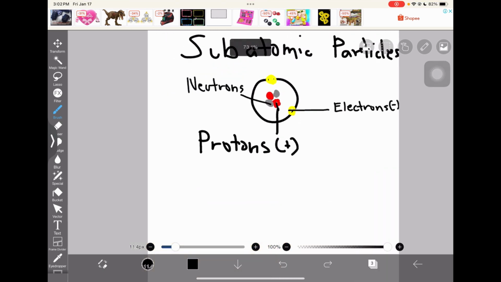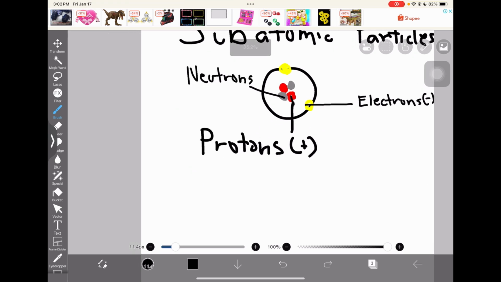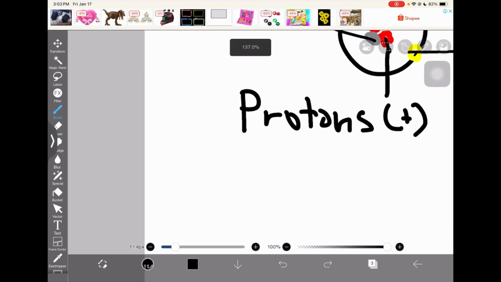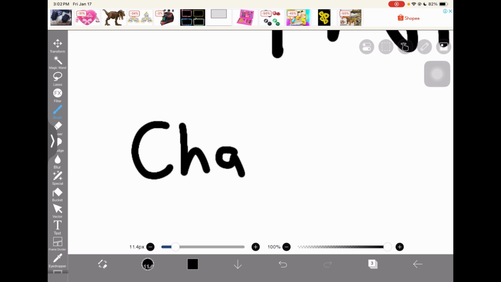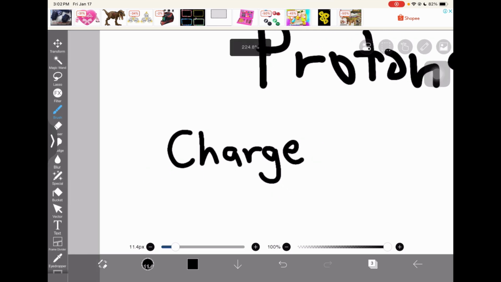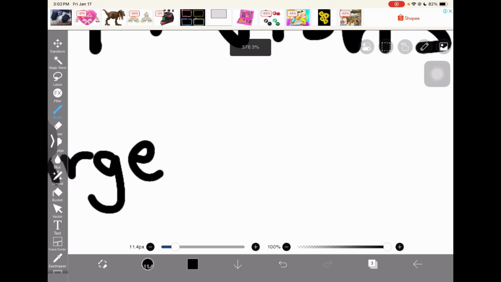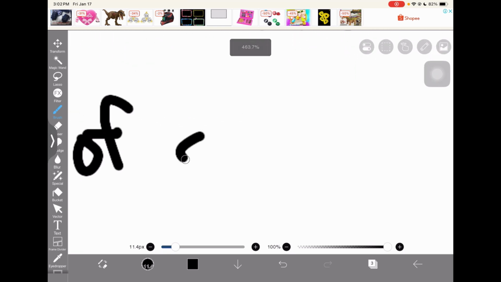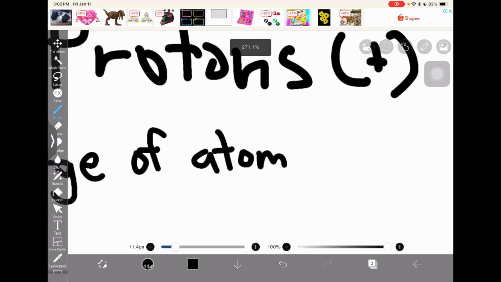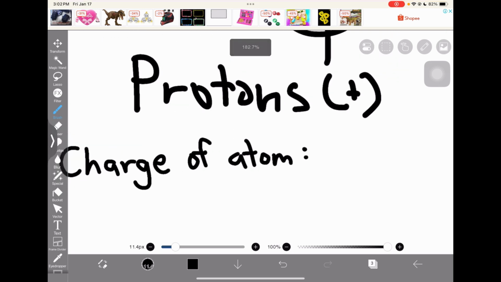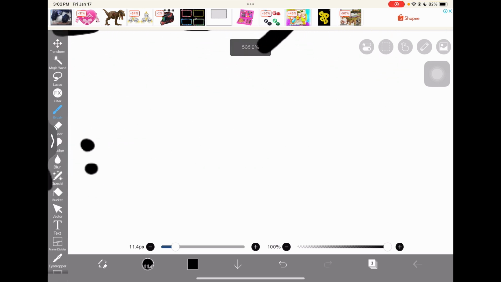But let me show each contribution. So first and foremost, the charge of an atom. The charge of an atom is always 0, because otherwise that would be an ion. So charge of the atom is always neutral.